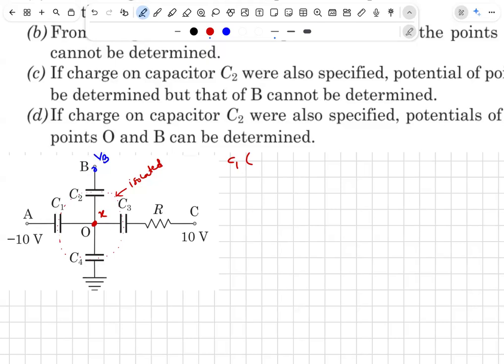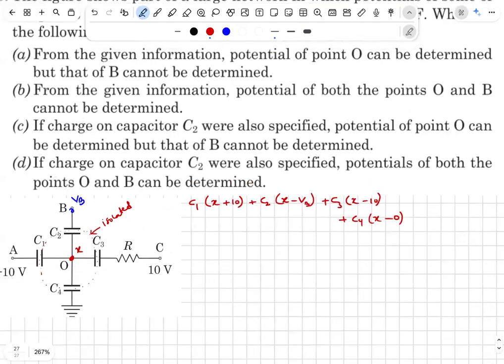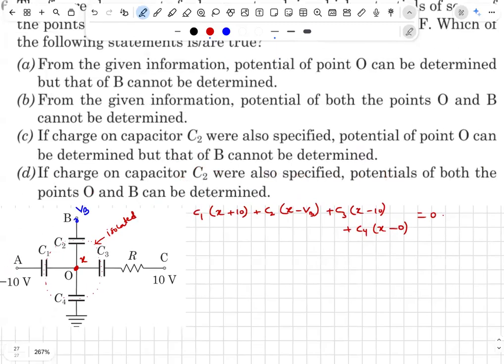C1 times (X plus 10) plus C2 times (X minus VB) plus C3 times (X minus 10) plus C4 times (X minus 0) is equal to 0. I took the point X as a node.